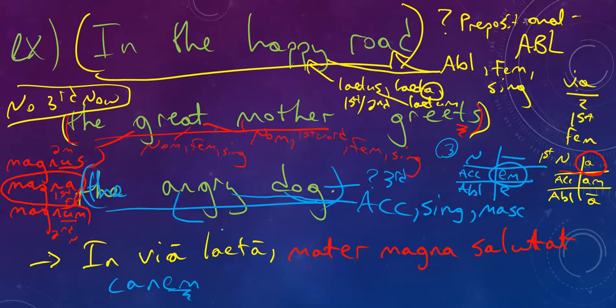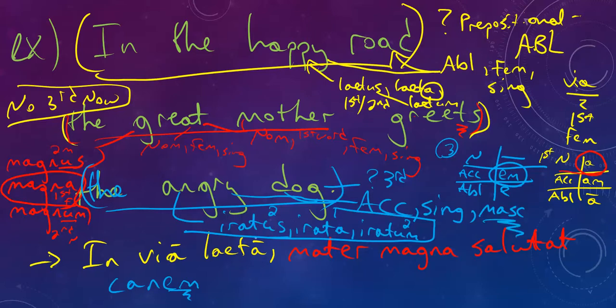Now we got to look at the word angry. Angry is iratus, irata, iratum. It is not third. It can only use second or first declension endings. So I decided dog was masculine, so I'm going to go with the second declension chart.